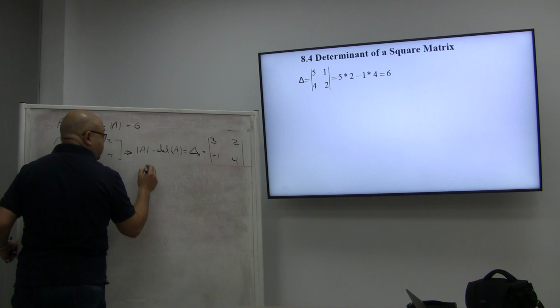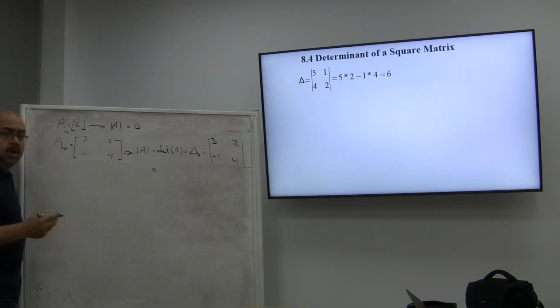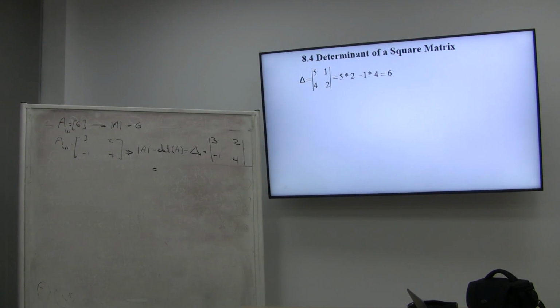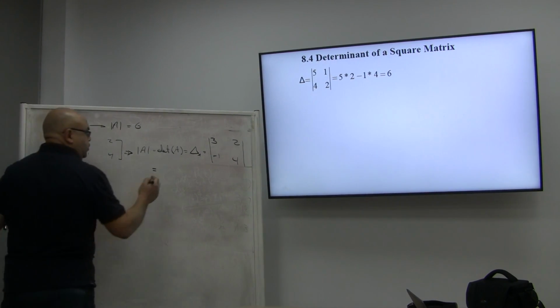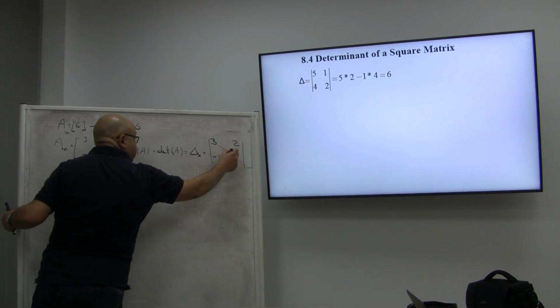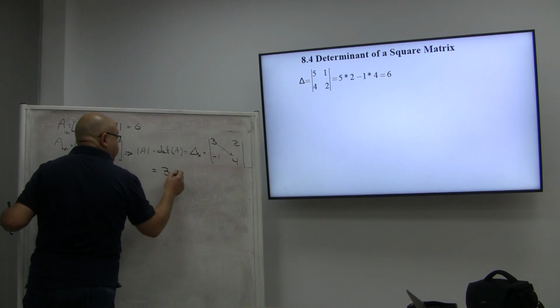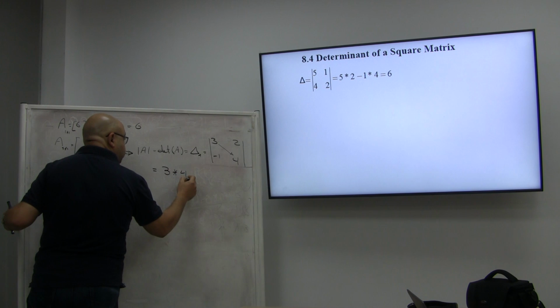In order to evaluate the value of this determinant, all I have to do is take the multiplication of the principal diagonal minus the multiplication of the elements of the secondary diagonal. This is what's called the principal diagonal: 3 times 4.